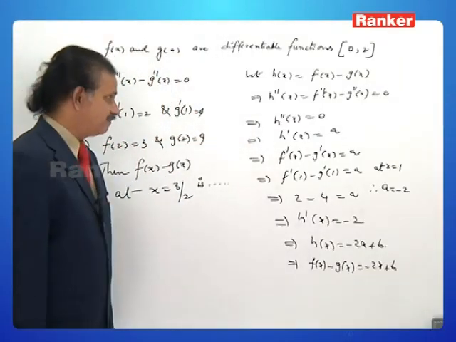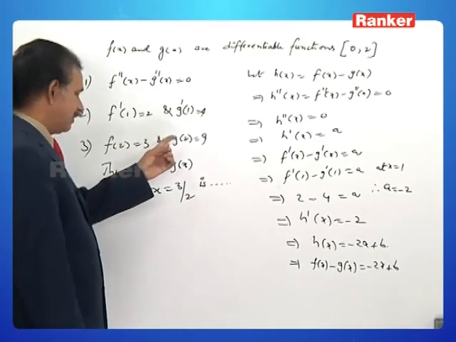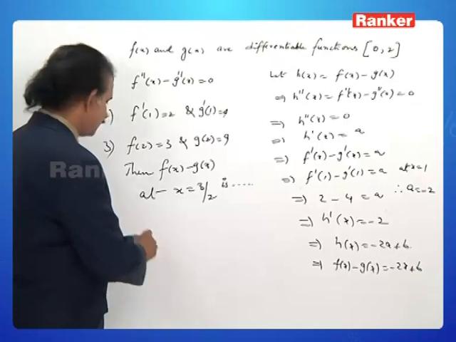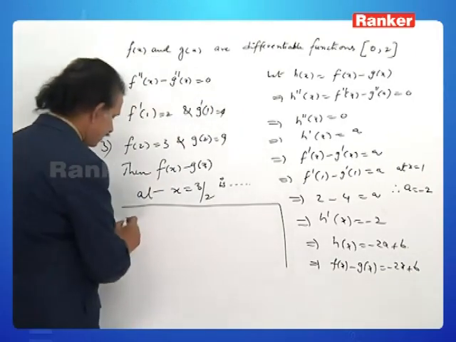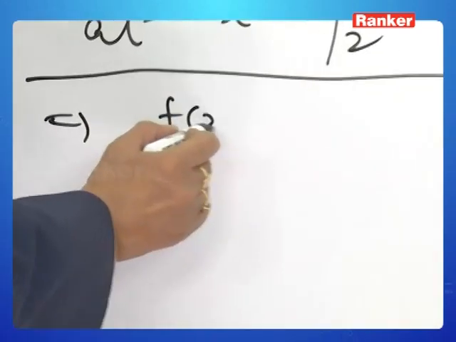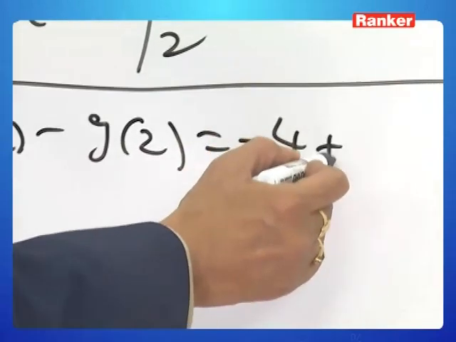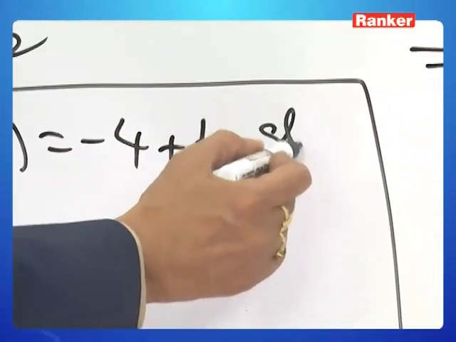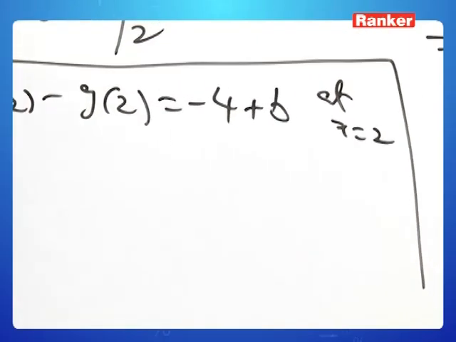It is nothing but the definition of h of x, isn't it? Now, I like to take 2 in the place of x. What happens? It implies f of 2 minus g of 2 is equal to minus 4 plus b at x is equal to 2. What is f of 2? 3.